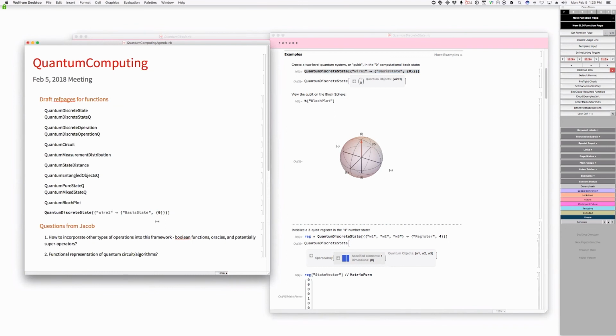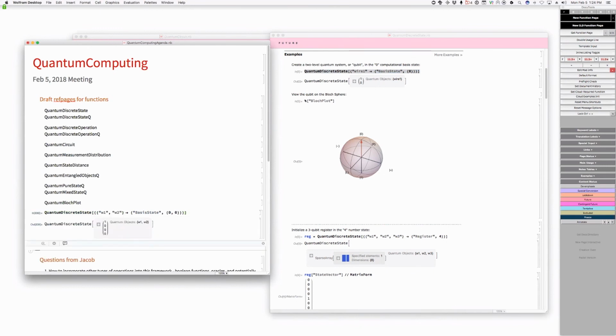Why is that the right representation? So if I said W1 comma W2 goes to basis state 0, 0, is that right? Yep.